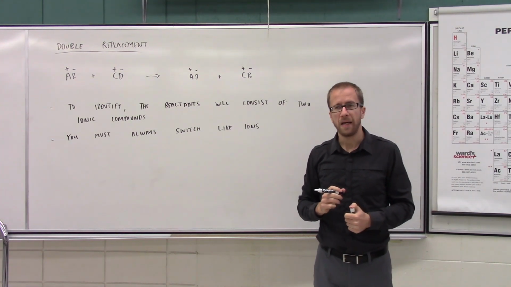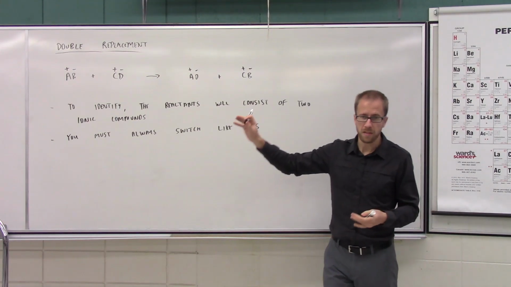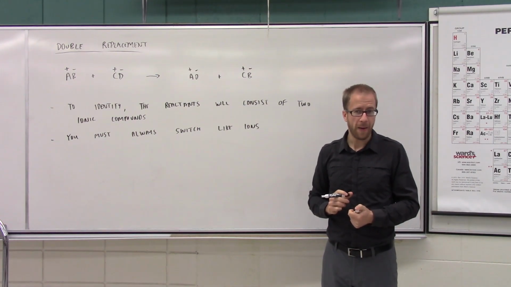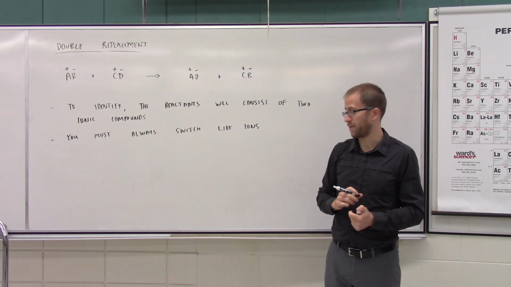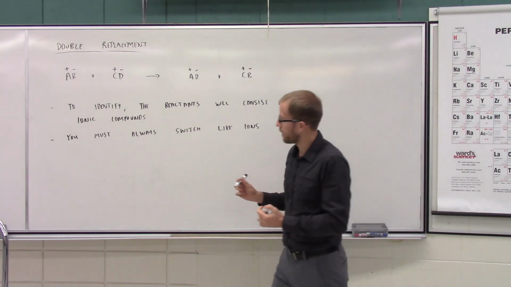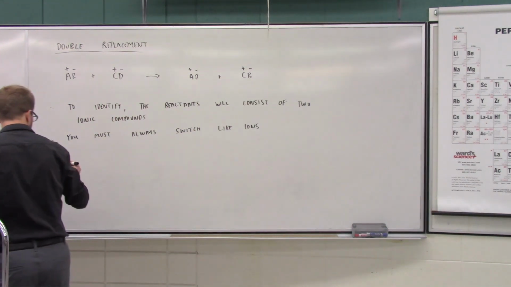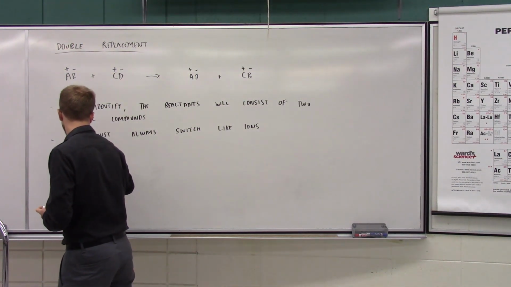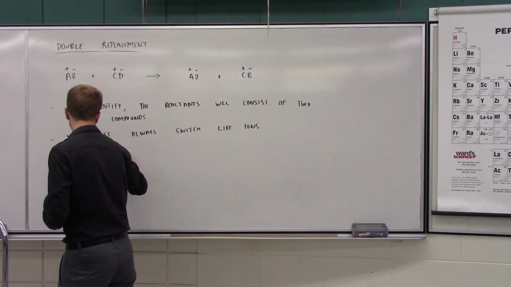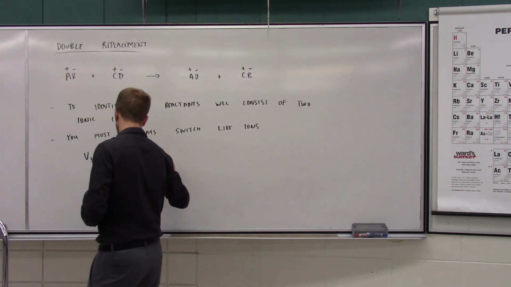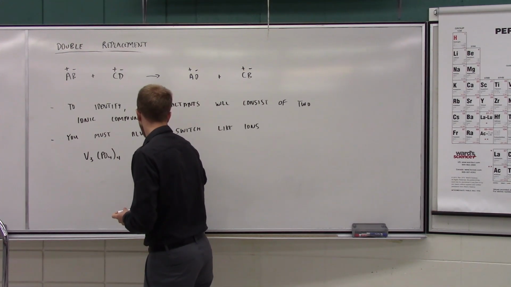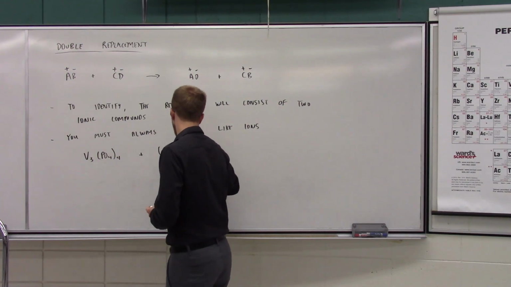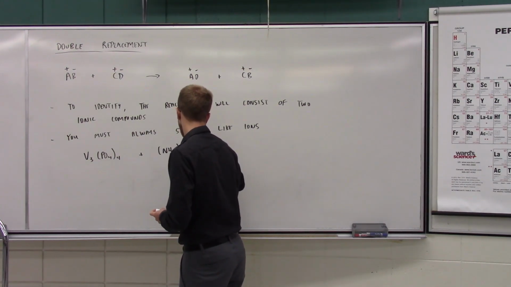So these ones are really, in my mind, easier to do than single replacement, but they are harder typically to make formulas for and to balance in the end. And I'll show you a good example of that. See, I can get a little mean here. I can toss in some polyatomics, some multivalent metals. We could do something like V3PO4 plus, let's say, NH4 to SO4.